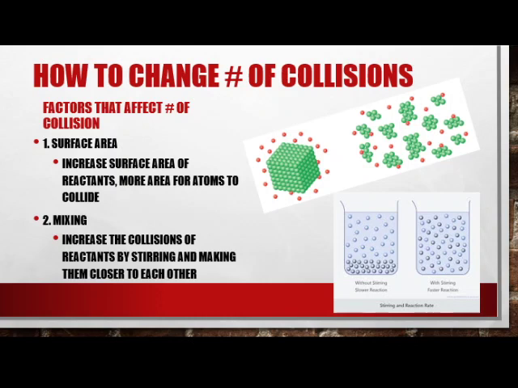If you just pour the salt in, sure, it'll slowly dissolve into the water, but if you stir it, it makes everyone mix together, mingle together, and collide together, and the dissolving of the salt happens a little bit faster instead of just waiting for it to happen. Same thing with sugar. If you put sugar into water and just let it hang out, eventually it's going to dissolve. But if you stir it, it happens a whole lot faster.